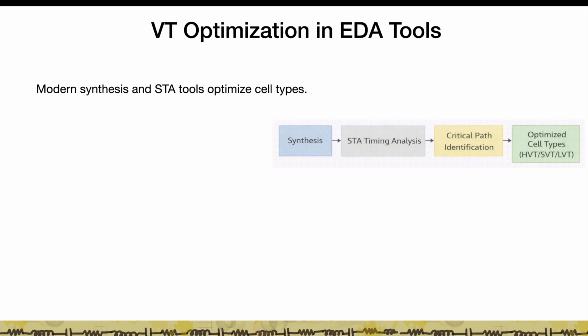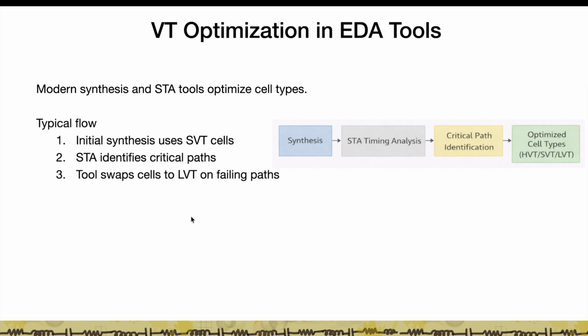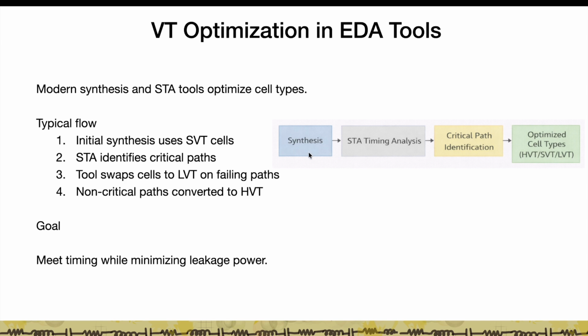Here's how the automated flow works. Step 1. Initial synthesis builds the design using SVT cells, a sensible starting point. Step 2. Static timing analysis runs and identifies which paths are critical and which have comfortable slack. Step 3. The optimizer swaps cells on failing paths to LVT, reducing the delay.